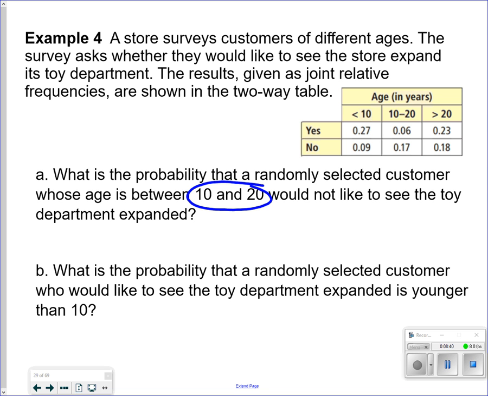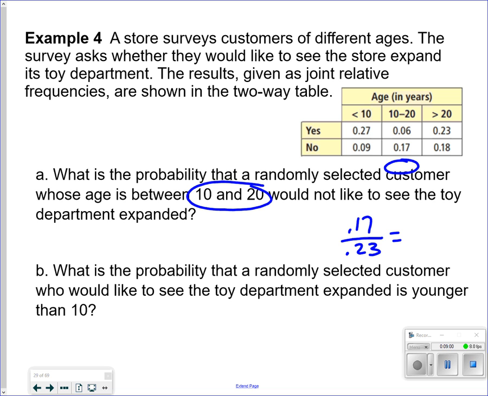So this is a conditional frequency, because the number of people between 10 and 20, if I added this up, we're talking about 0.23, of which what would not like to see the toy expand. So what people said no, 0.17.